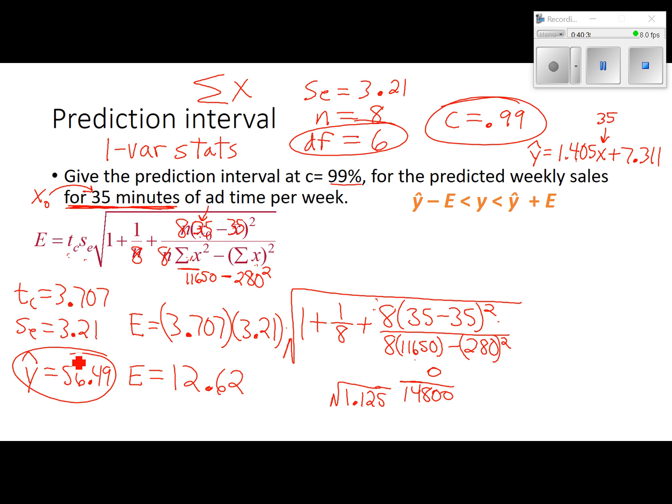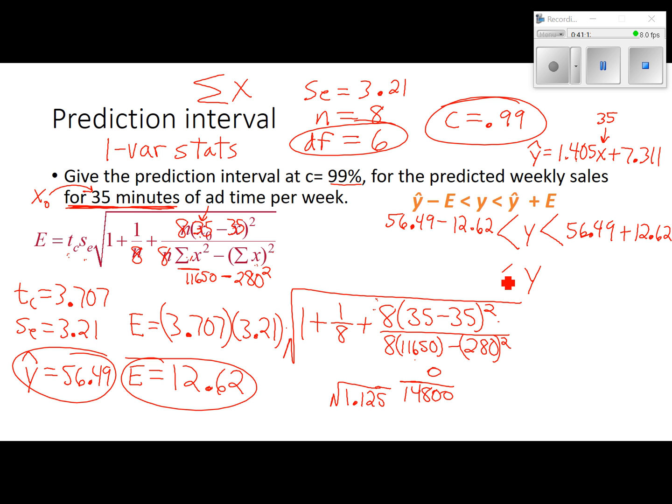And we need these two things to write our interval. So 56.49 minus 12.62. Our y hat is in the middle here. And then 56.49 plus 12.62. Do the little bit of math here, and that's going to give you your interval, and then I'll explain it.